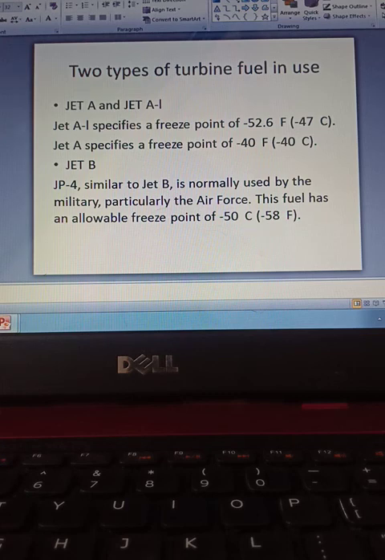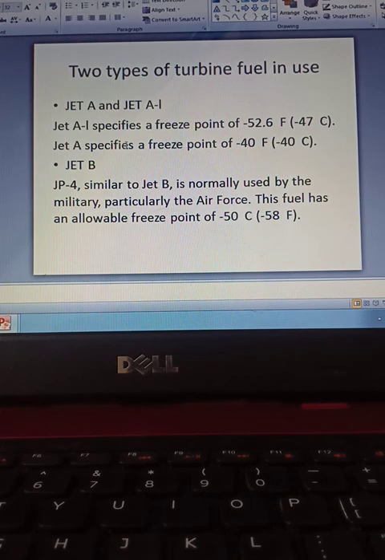While for the Jet B, the freezing point is negative 50 degrees Celsius or negative 58 degrees Fahrenheit. So those are the two types of jet fuels.